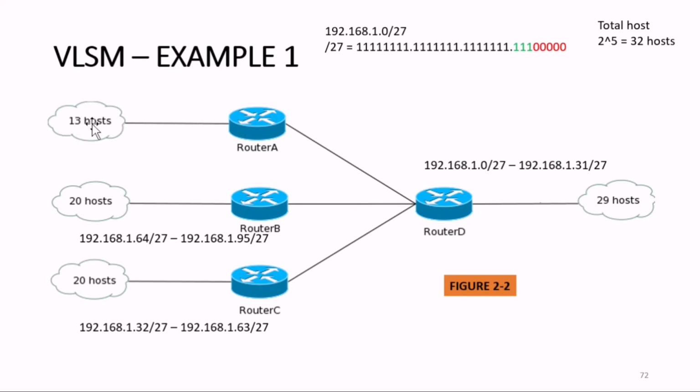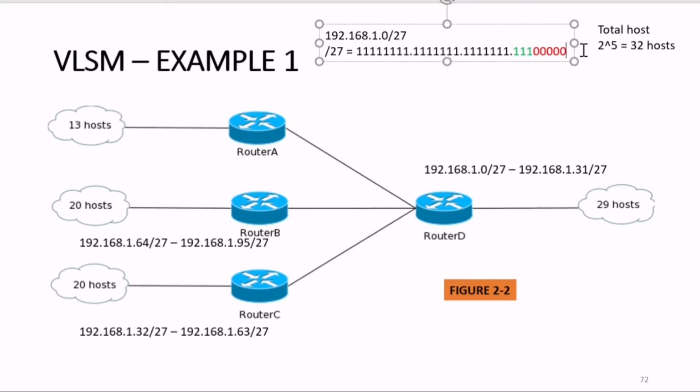Because it uses 13 hosts plus one routing interface and another network address and broadcast address, which total 16 IP addresses required, so we can use basically /28 subnet mask.